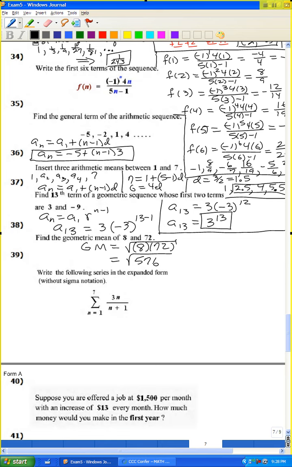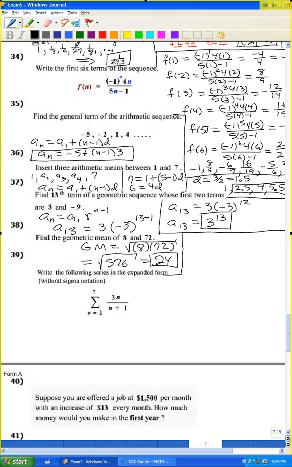And the square root of that is 24. And that's your answer.